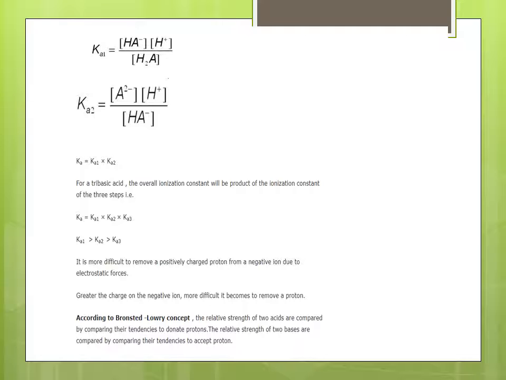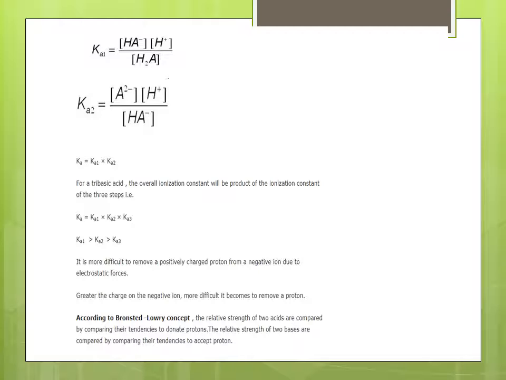Now Ka2 is the molar concentration of A^2- times the molar concentration of H+ over the molar concentration of HA-. Now what about Ka? Ka will be Ka1 multiplied by Ka2. This concept was studied in the previous lectures, how to write Ka. It will be the multiplication of both the constants.